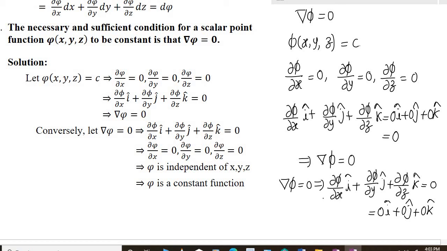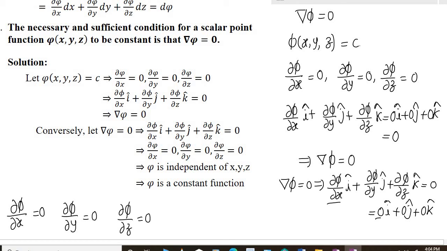Compare two vectors. How to compare? i cap coefficient equal to i cap coefficient. That means ∂phi/∂x equal to 0, ∂phi/∂y equal to 0, ∂phi/∂z equal to 0.